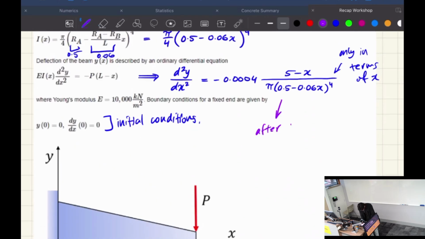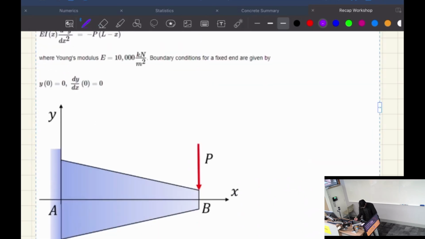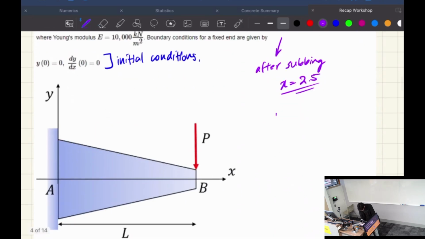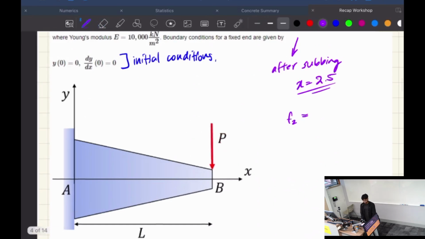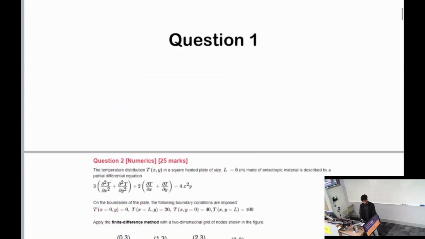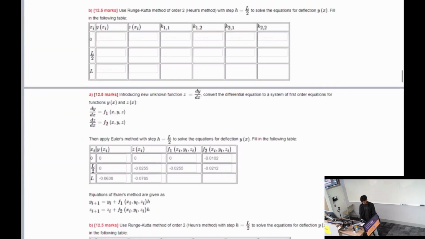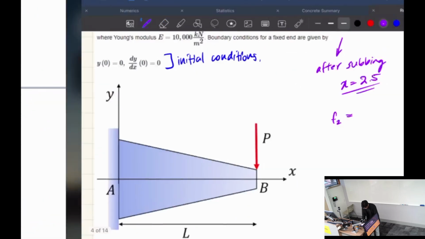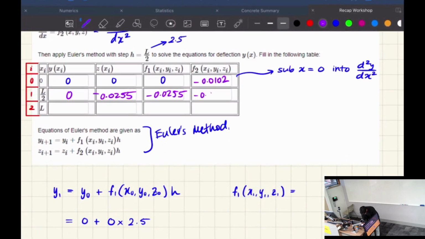After subbing x equals to 2.5, you get d squared y over, I'll just say f2 is equal to, after doing that in my head, I got negative 0.0212.